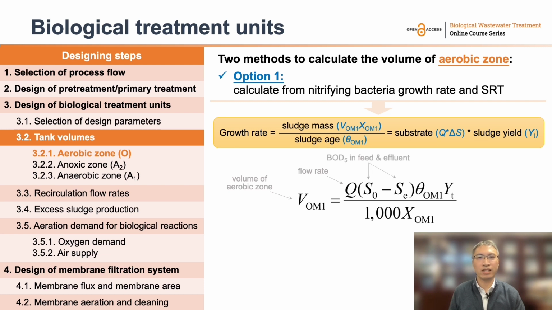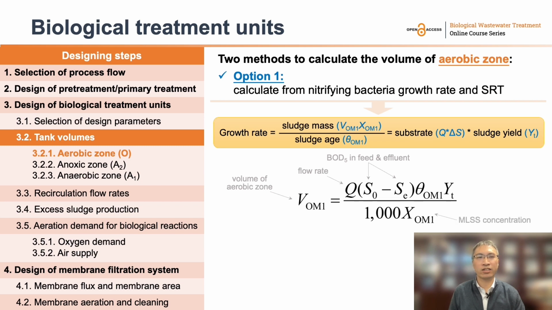S0 and SE are the BOD concentrations in the feed and effluent of the biological treatment section, respectively. The effluent BOD concentration is negligible when the removal rate is higher than 90%.